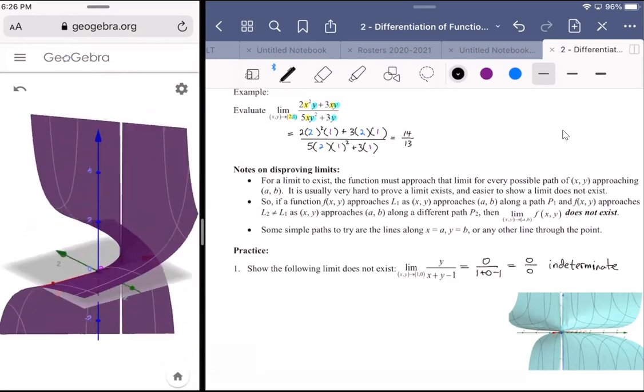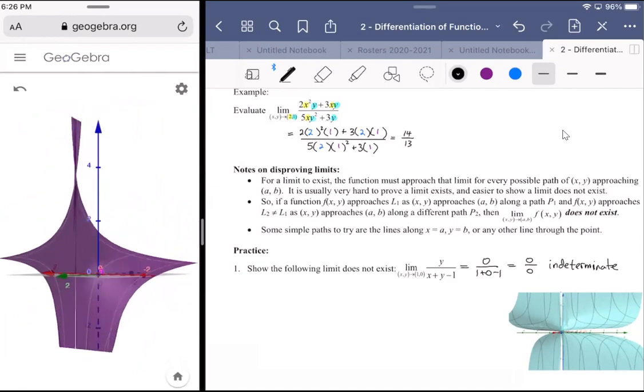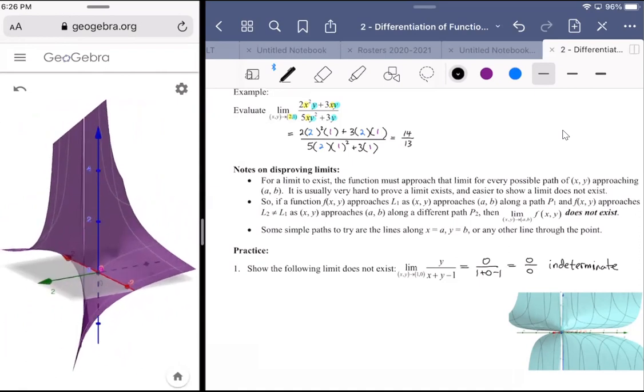Okay. And at the point 1, 0, corresponding with some z value, they're saying that the limit does not exist. All right. So if you read the blurb there, you realize that there's a little bit more to limits in 3 dimensions than there is in the 2-dimensional coordinate system.